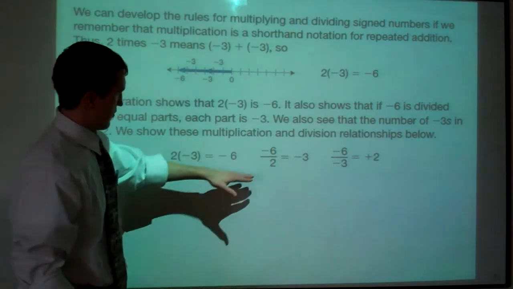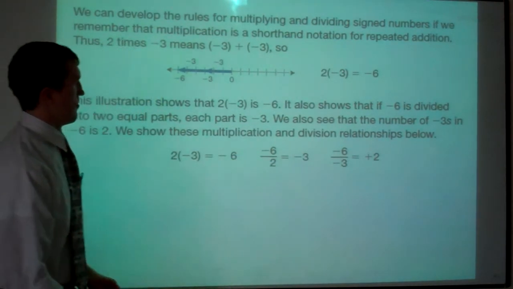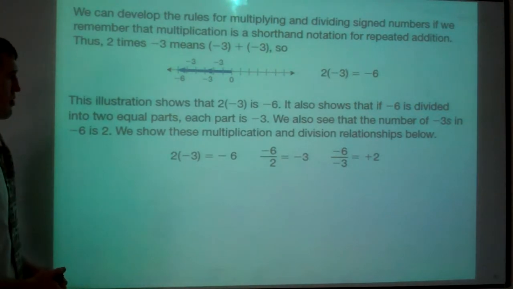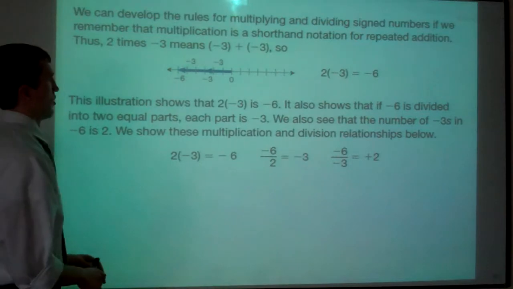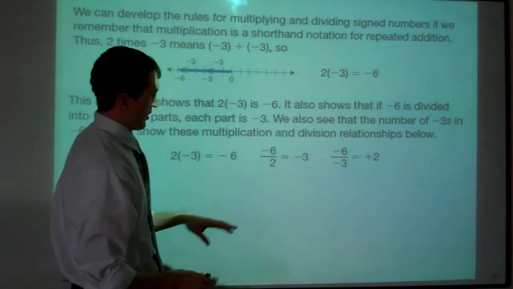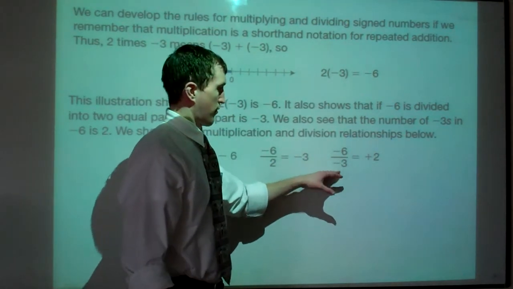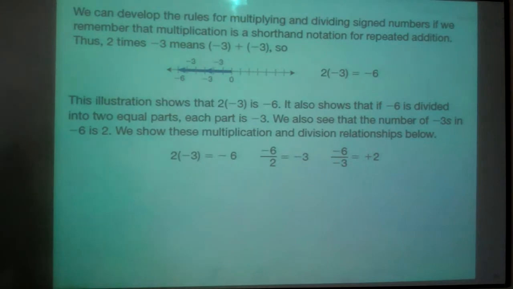So here's our next fact: -6 divided by 2 is -3. We also see that the number of -3's in -6 is 2. So we have 2 -3's in -6. That means -6 divided by -3 should be +2. And those relationships are shown.